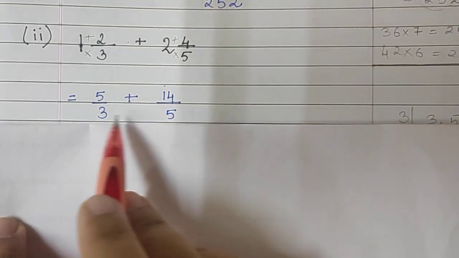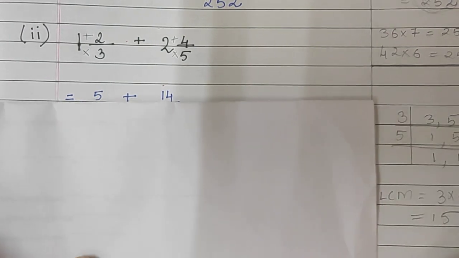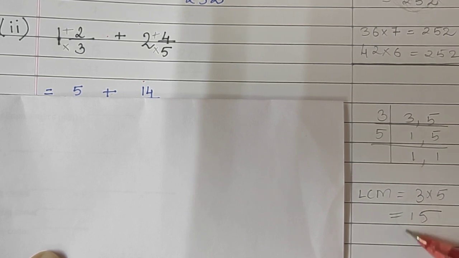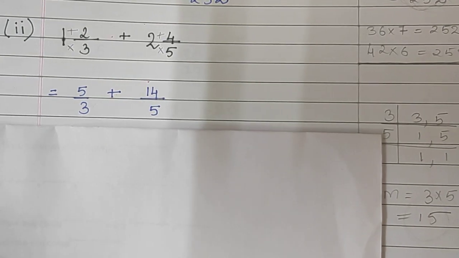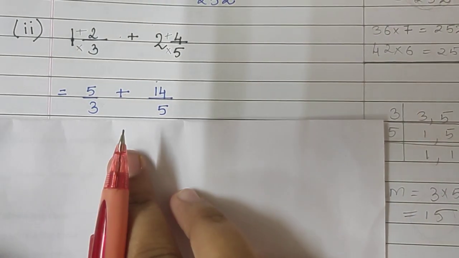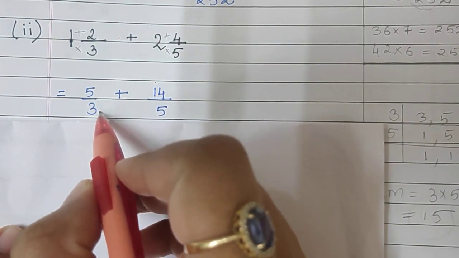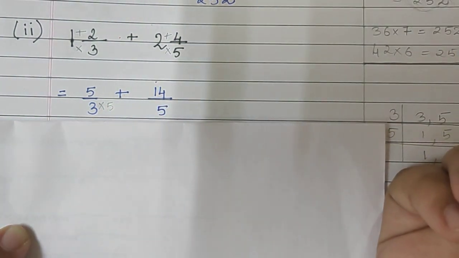Again, we will have to find the LCM of these two numbers. As you can see here, the LCM of 3 and 5 is 15. So we have to make our denominator 15. To make this denominator 15, what should I multiply here? 3 fives are 15.